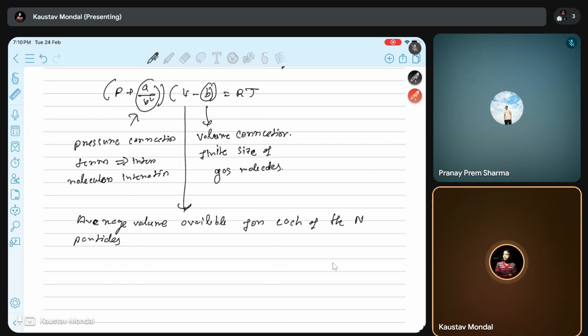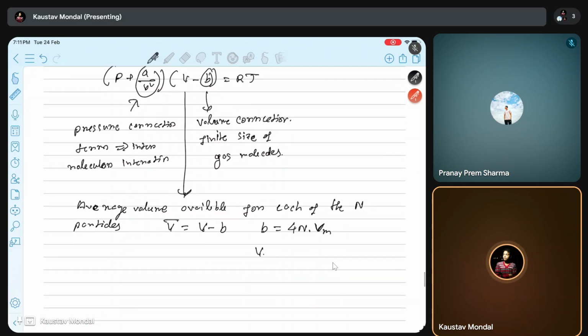That average volume V bar is given by the total volume V minus b, where b is 4 times N times Vm, and Vm is the volume of a single molecule.